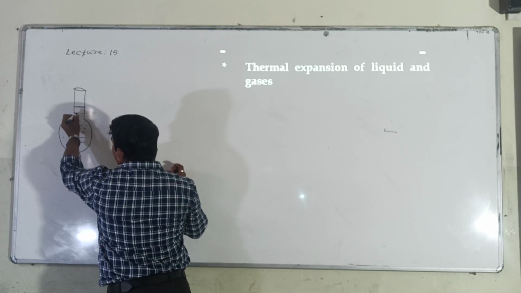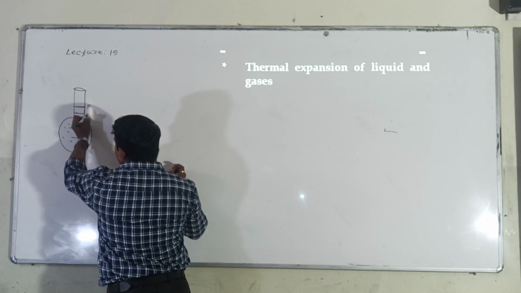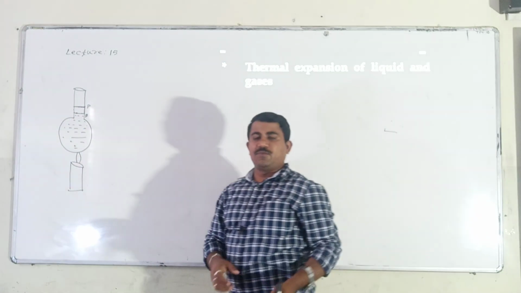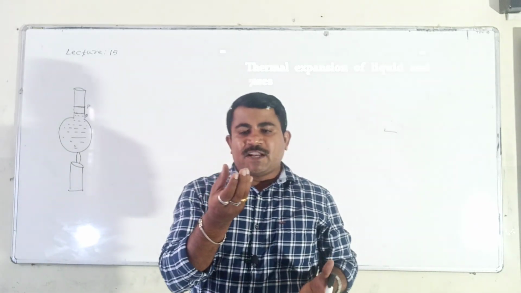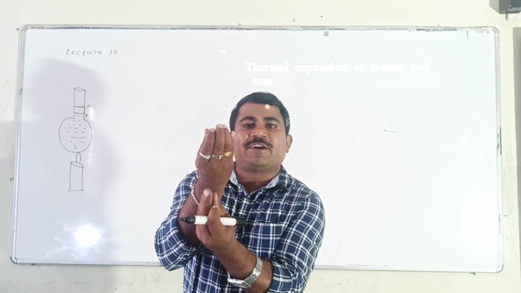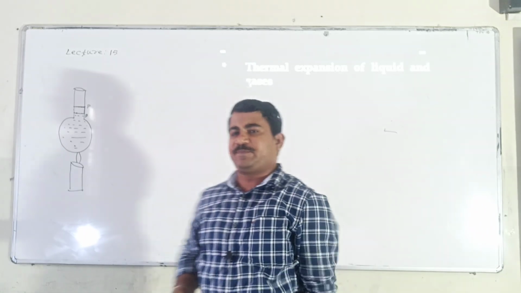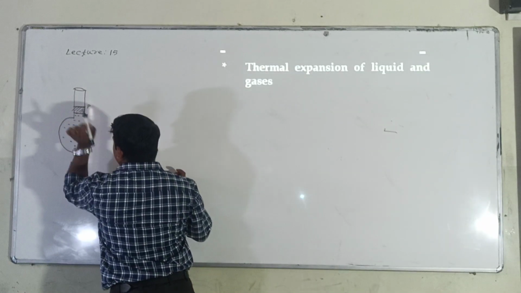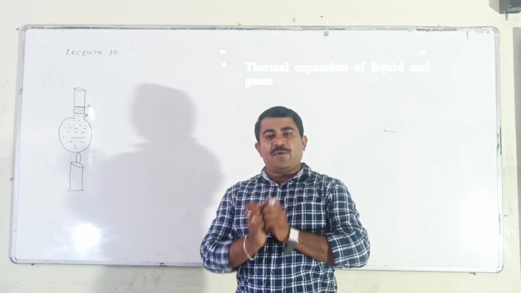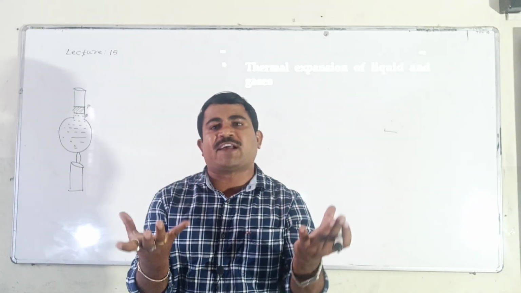It falls from P to Q initially, which is the fall in value. What amount the level of the liquid falls, that is nothing but expansion of the flask.